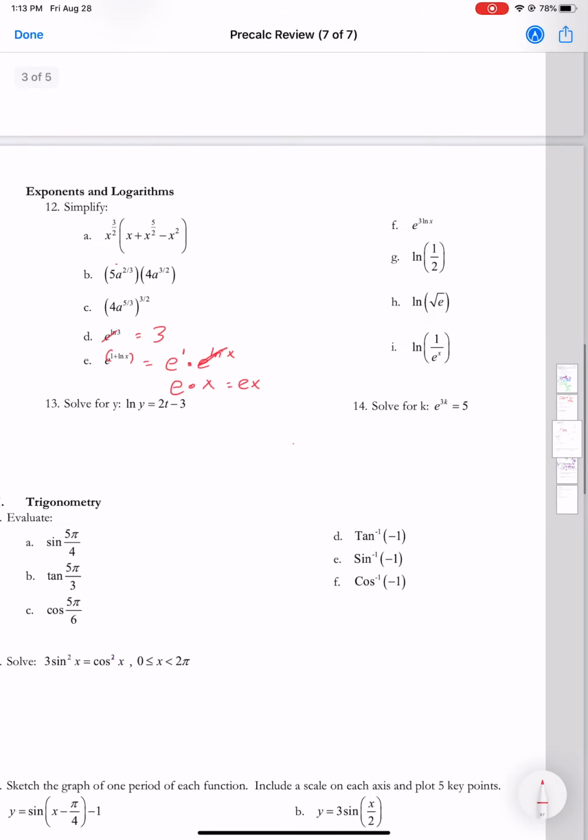In part F, we have e to the power 3 natural log of x. So again, there's more going on in the exponent than just the natural log. So we can't start canceling things yet. We need to split it up. So we're going to use that power property of exponents. This exponent is a product of two different things, 3 and natural log of x.